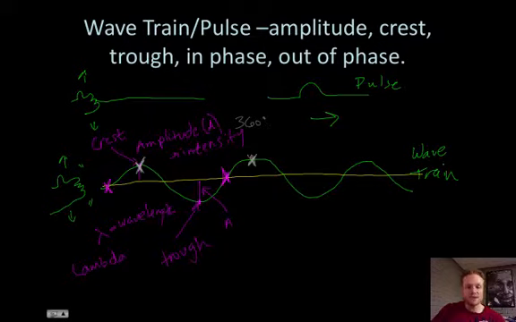Whereas this point right here, compared to, say, this point down here, this is out of phase. And this will make more sense a little bit later on when we start talking about constructive and destructive interference. But for right now, just keep in mind that if the points are the same, that's called in phase, and if they are opposite of one another, they are out of phase.